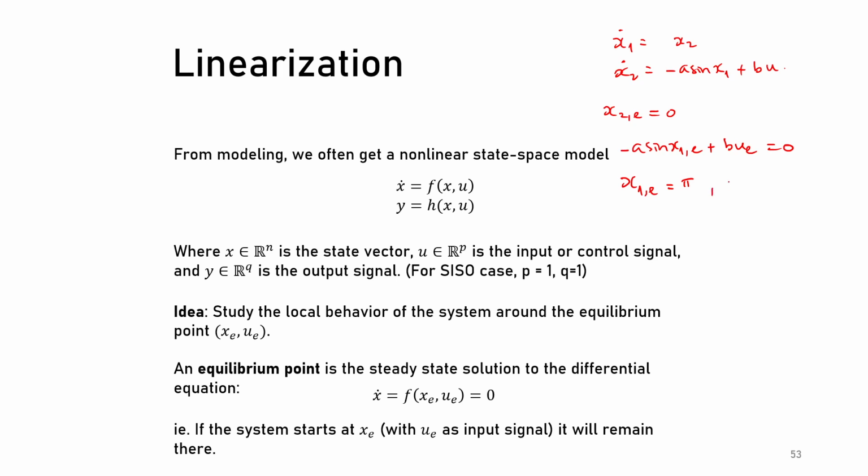Then u equilibrium, I choose, supposed to be 0, right? So now we can linearize the system.